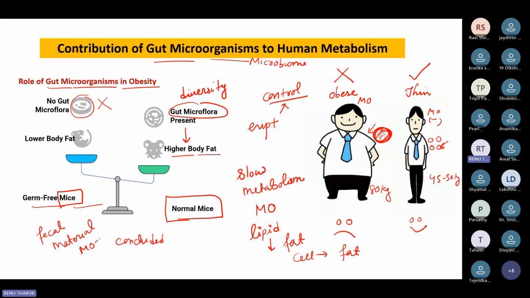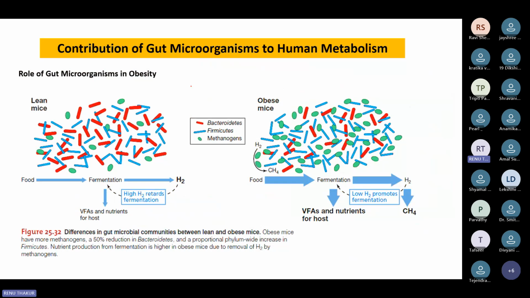So they inserted these microorganisms into this rat, and after a few weeks they saw that it had increased weight. So ultimately, the gut microbiome, or the gut microorganism, is playing a role in increasing the body weight of that mice. So you can see the role of gut microorganism in obesity.